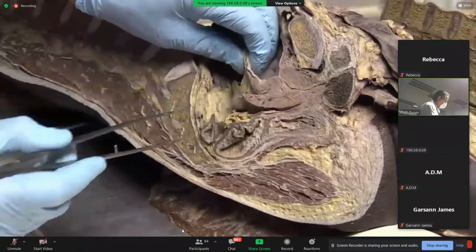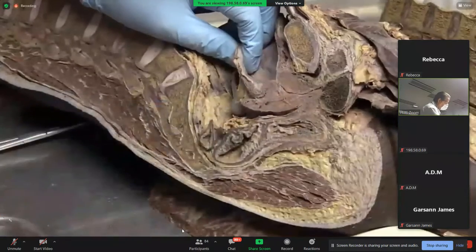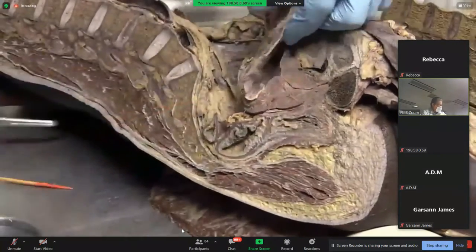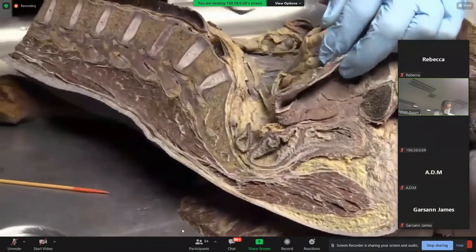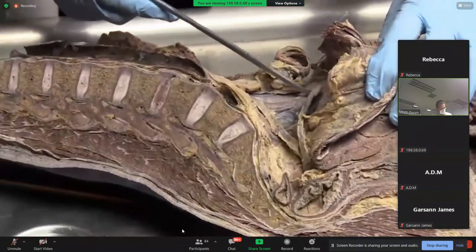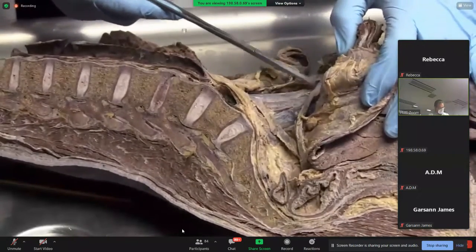This is the prostate gland here, with the prostatic urethra running right there. If we look here, you can see the vas deferens coming through the internal ring of the inguinal canal.